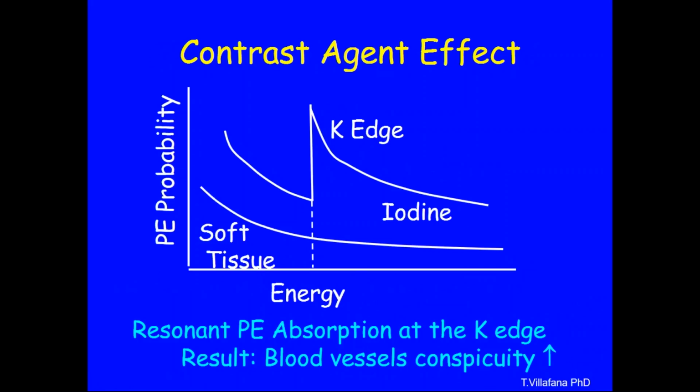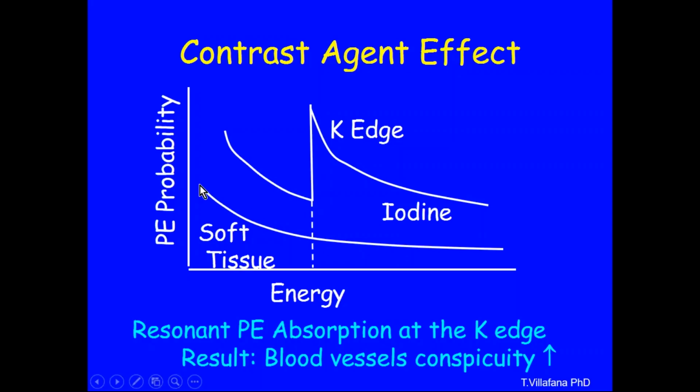So let's now compare that with soft tissues. Here is your iodine with its big K-edge effect, and compare it with soft tissues. Now, soft tissue has a much lower atomic number, so the probability of photoelectrics is much lower. And notice you don't see a K-edge in soft tissue, the way I've drawn it. Actually, all materials have a K-edge.